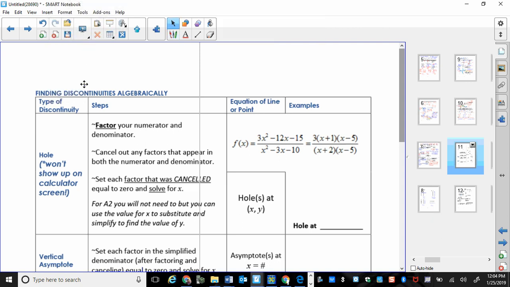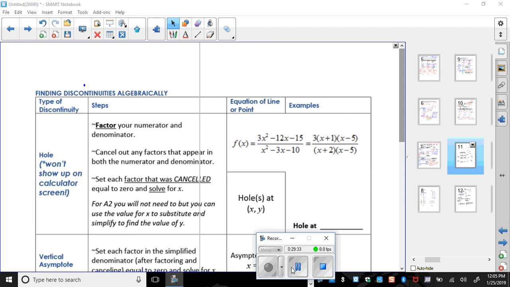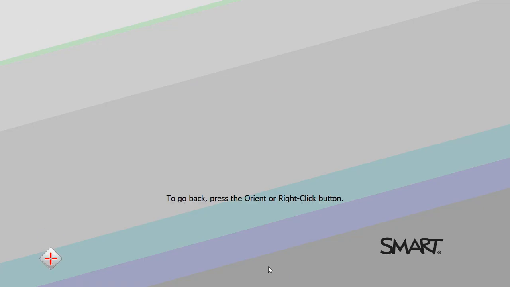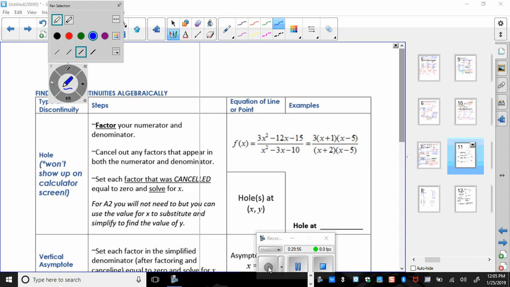This expression that's the same would be x minus 5 and x minus 5.